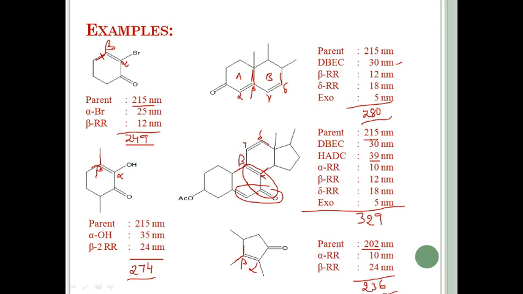So this is the calculated lambda max value for the given 5-membered cyclic enone system. Like this, whatever compound is given, you just find out the lambda max value, whether acyclic or cyclic, 5-membered, 6-membered or 7-membered, whatever. Find the values and calculate the lambda max.